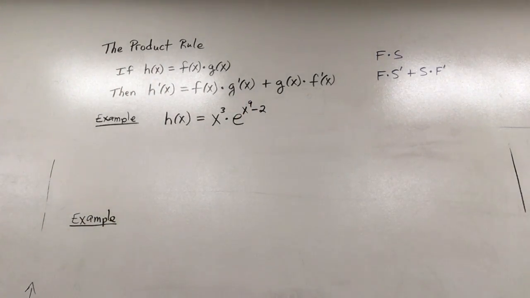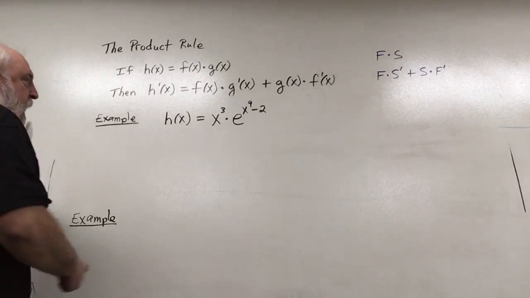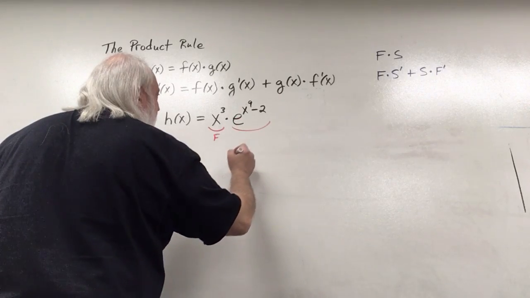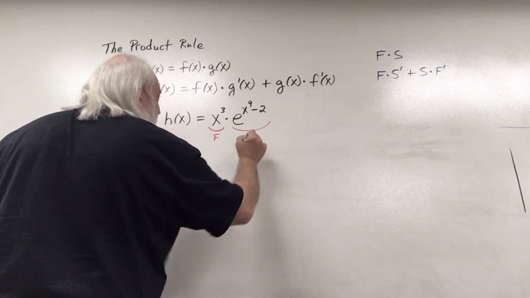So that's a product of two functions. X cubed is the first function. E to the x to the 9th minus 2 is the second function.